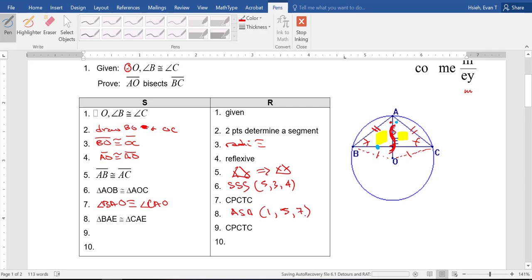From there, I can now go to CPCTC and say that BE is congruent to CE. And then I can say that AO bisects that, because if I have two congruent segments, it's a segment bisector.